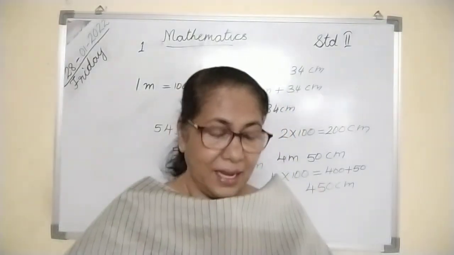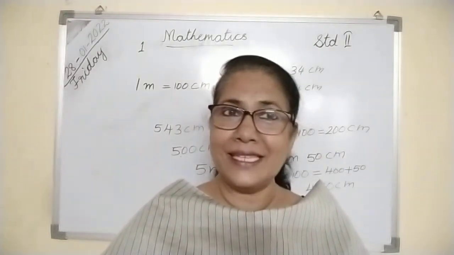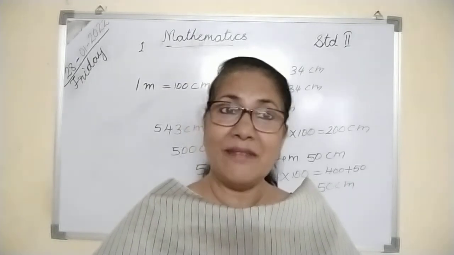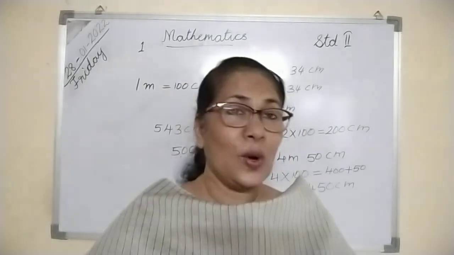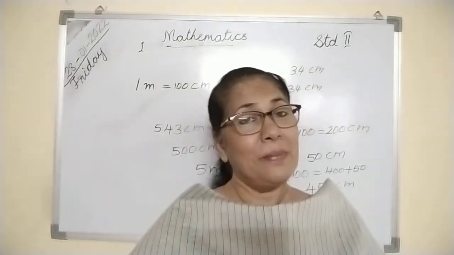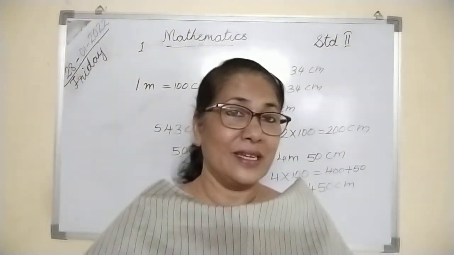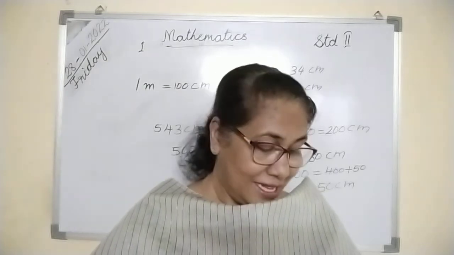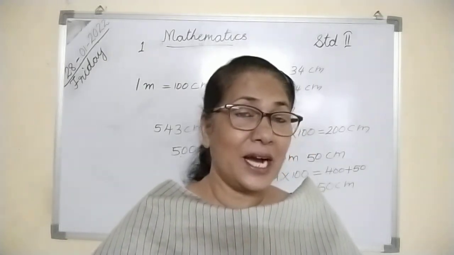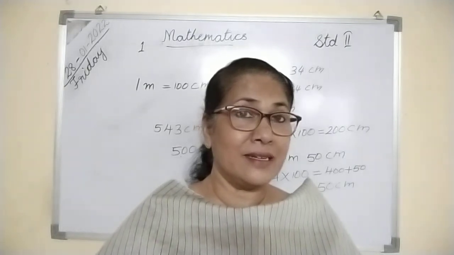Second one, 300 centimeters. It's very easy, isn't it? 300 centimeters, how many meters are they? 3 meters. Now 232 centimeters, that you have to write in meters and centimeters. 2 meters and 32 centimeters. 316, how many meters, how many centimeters?